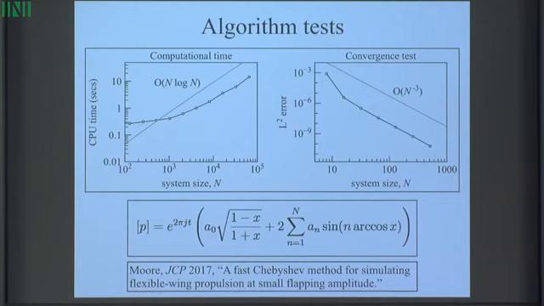That may come as a bit of a surprise because I'm using a Chebyshev spectral method. You might expect spectral convergence or exponential accuracy. But the reason why the accuracy is not exponential is the form of this fluid forcing term, the pressure jump. In particular, this thing right here. This is a singularity at the leading edge.